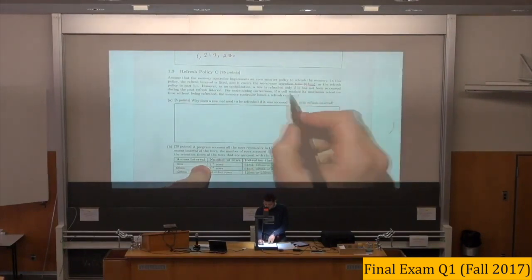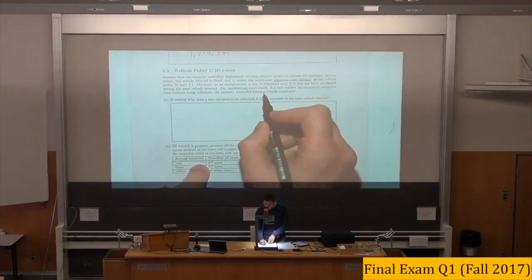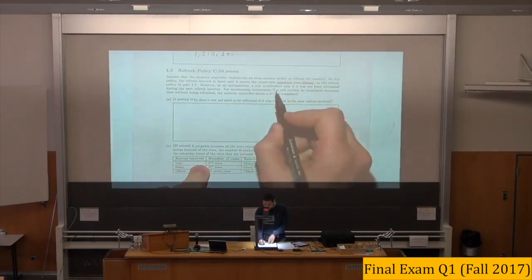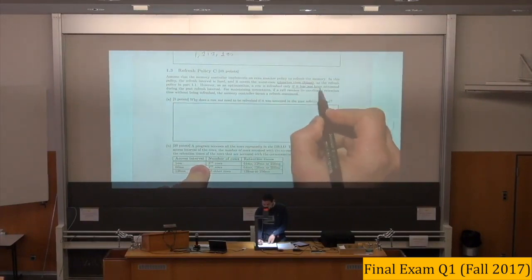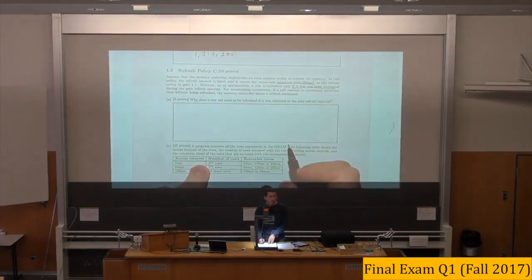But there is also one more condition here. The memory controller will only refresh the row if it has not been accessed within that time interval. So if the row is accessed within 64 milliseconds, the memory controller will not refresh it.